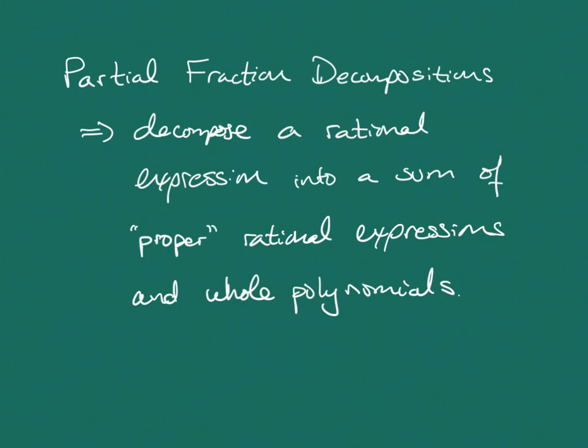Now, how does this work? It's really similar to what we did with fractions in elementary school. When we had a fraction that looked something like 23/5, we said that this was going to be improper because the numerator was bigger than the denominator. And so we knew what we had to do.